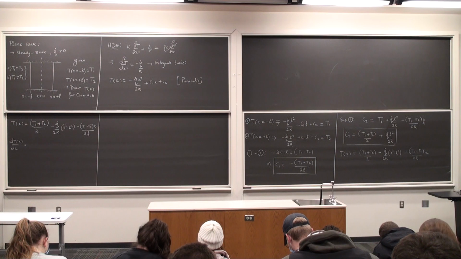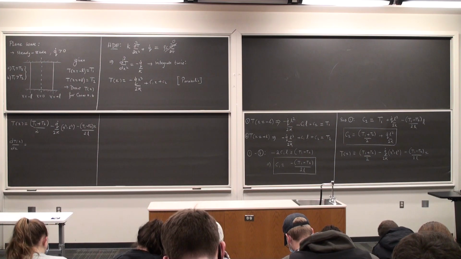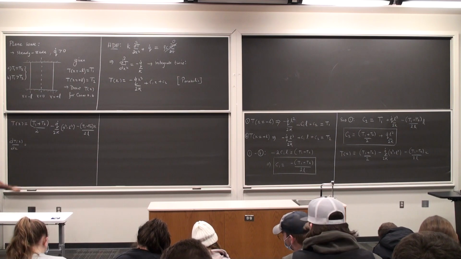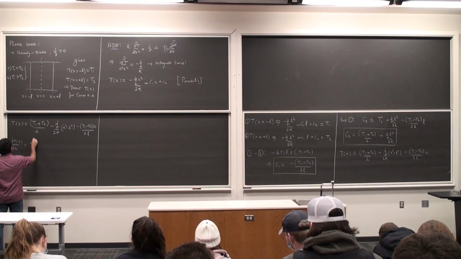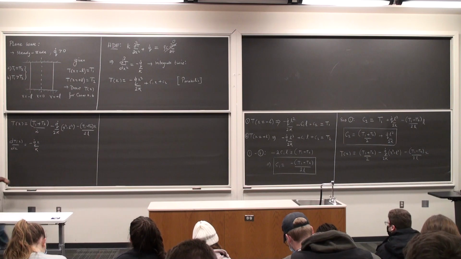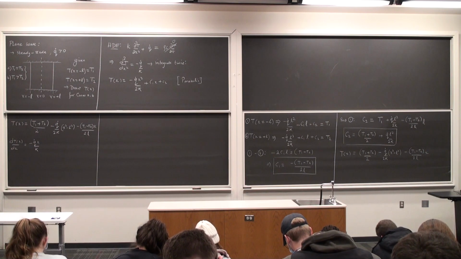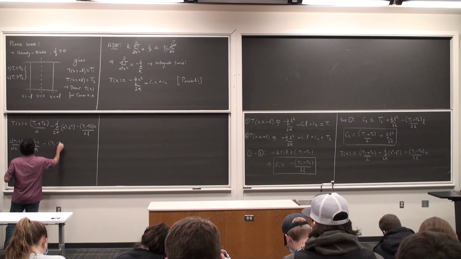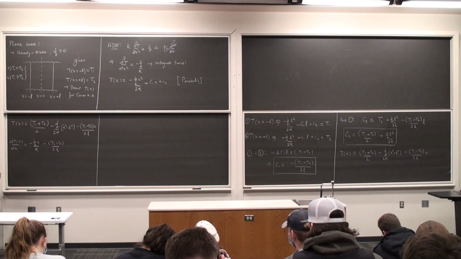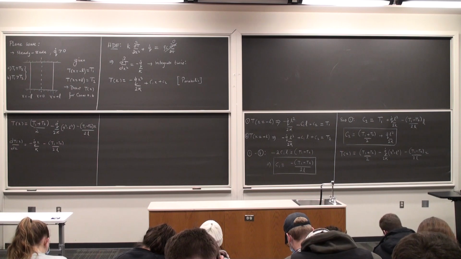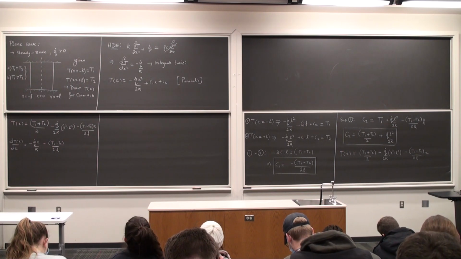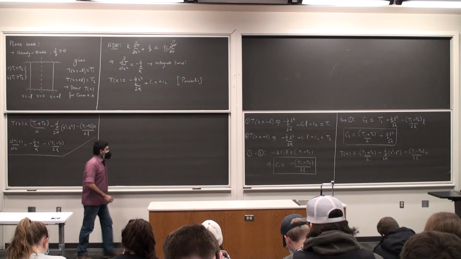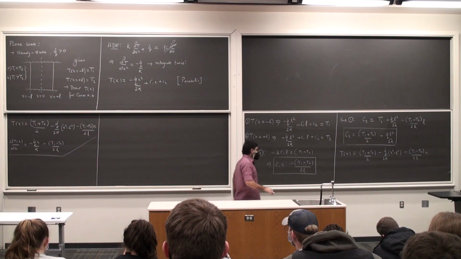First term vanishes. From the second term, I'm going to get minus 2x by 2k. So that's going to be q dot x by k with a negative sign. Okay. Then the last term is going to give me minus T1 minus T2 by 2L. Okay. These are the results that we will be using.